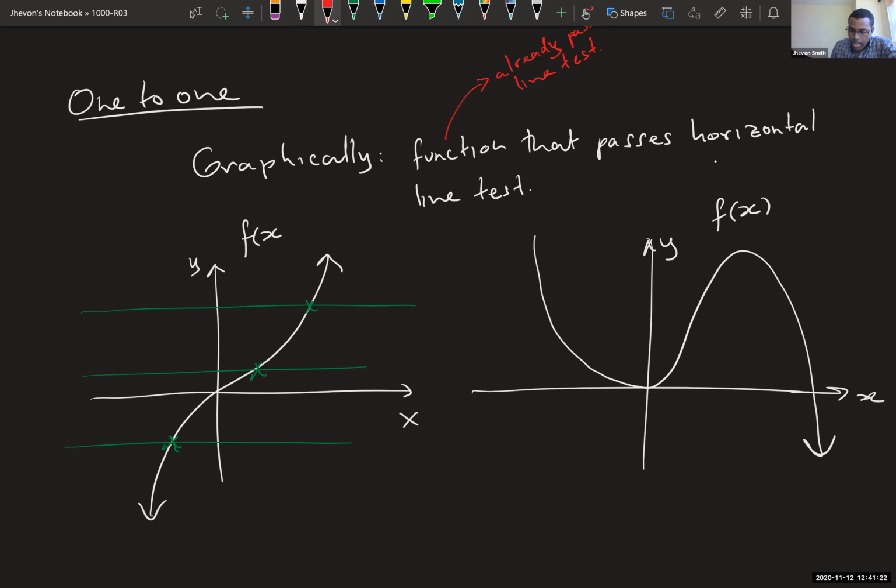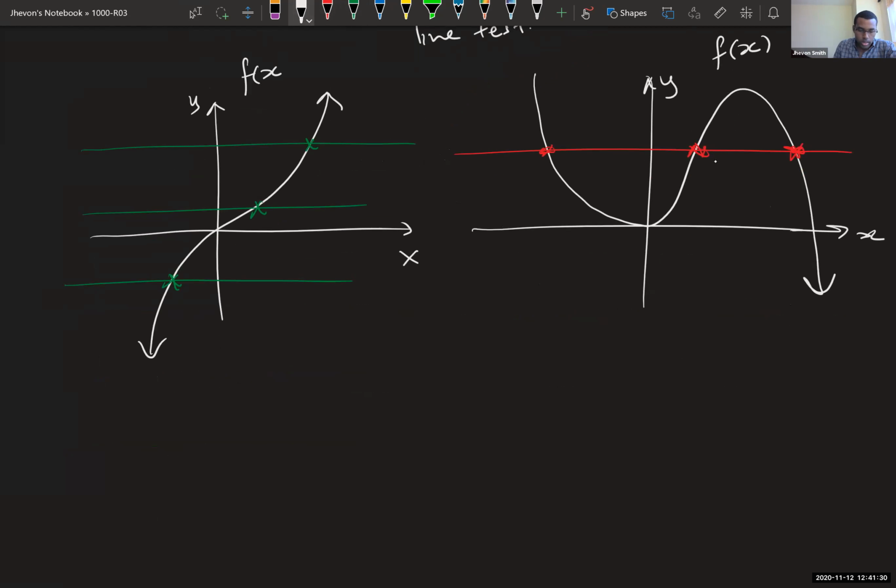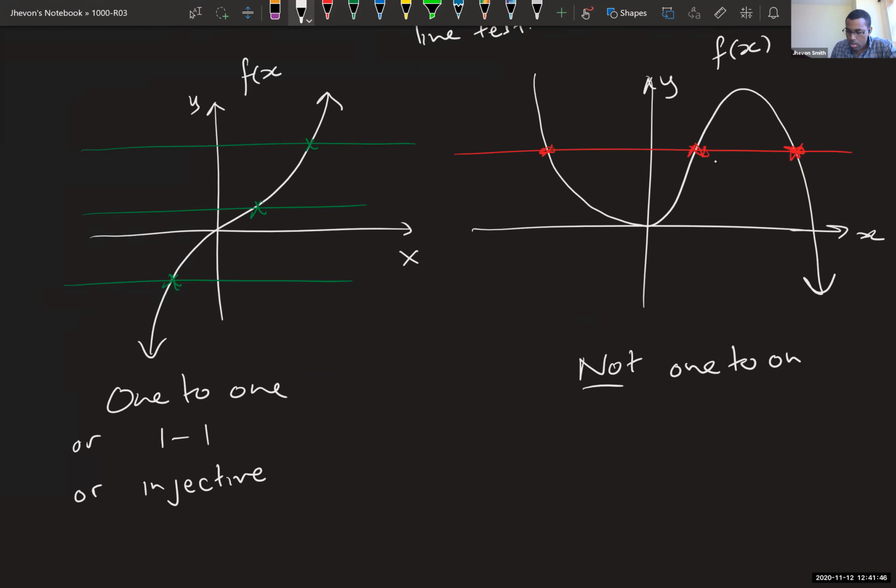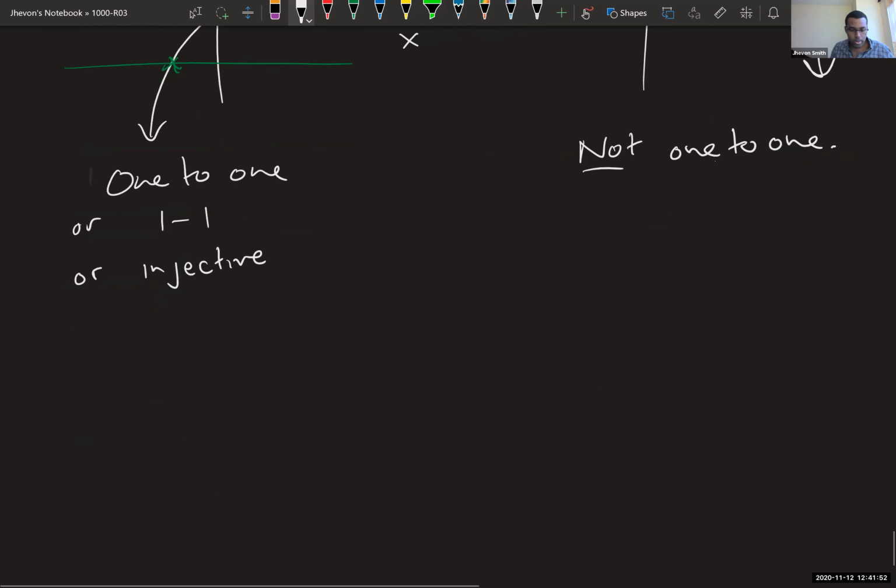Whereas here, if I draw a horizontal line, it can strike the function in 3 different spots. So this here is 1 to 1, or 1-1, or injective. These are all different names for the same thing. This here is not 1 to 1. So that's how you tell from the graph.